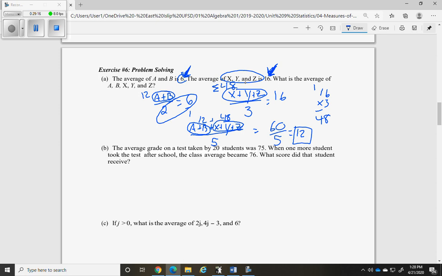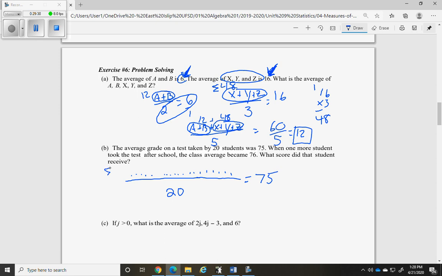In B, the average grade on a test taken by 20 students was 75. So there are 20 students, divided by 20, whose average is a 75.